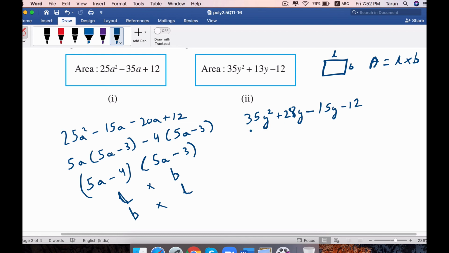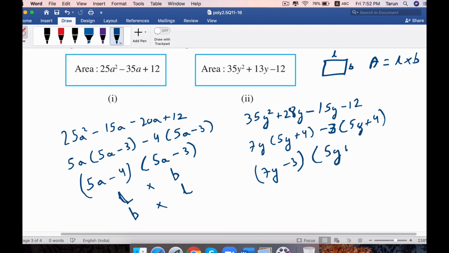In this I have 7y common, I'm left with 5y plus 4, and over here I can take minus 3 common, so I'm left with 5y plus 4. So the factors are 7y minus 3 into 5y plus 4. Again, either this is my length or my breadth. The order doesn't matter.